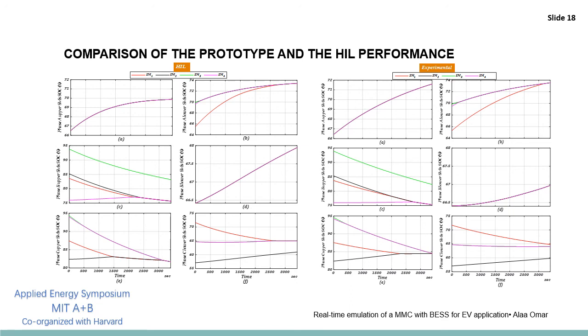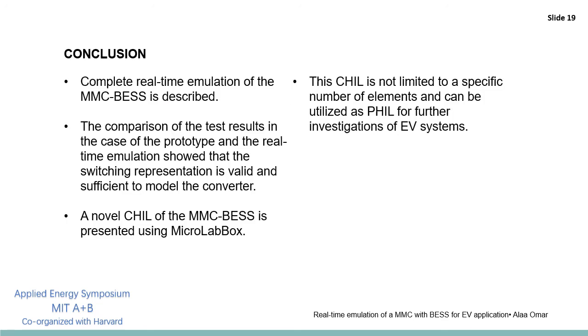That means that the operation of the hardware in the loop or real-time emulated system is very close to the experimental prototype. State of charge, as mentioned earlier in this presentation, is equalized using the bypassing and insertion algorithm of the batteries.